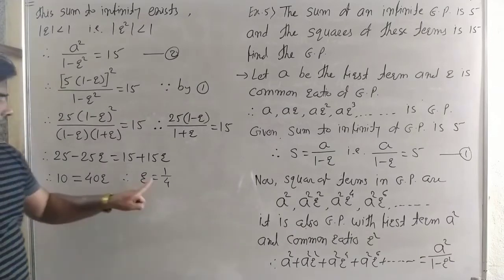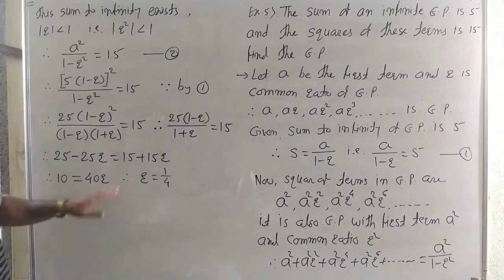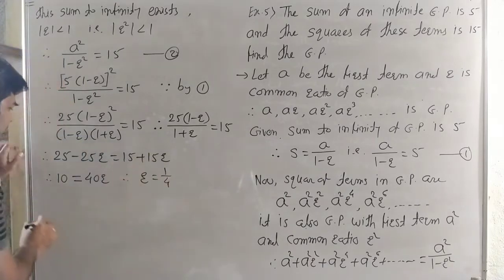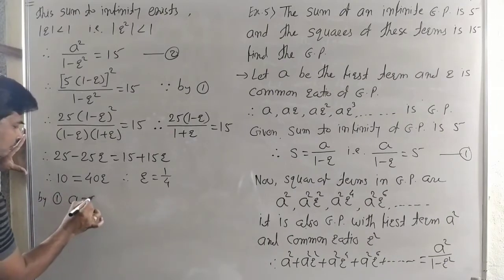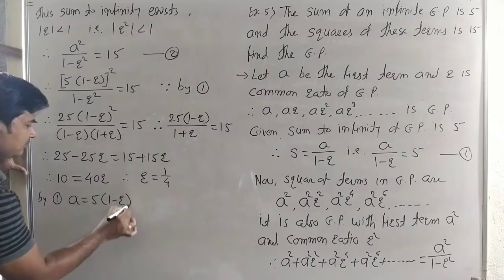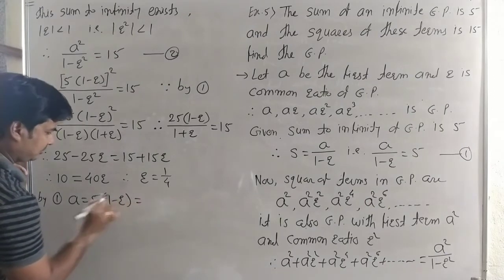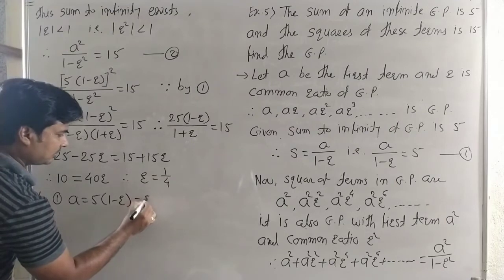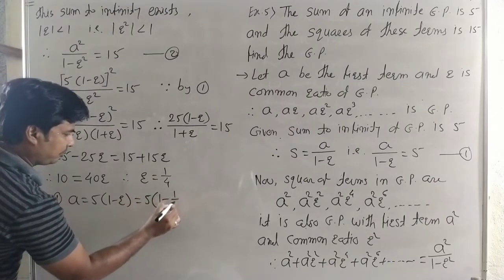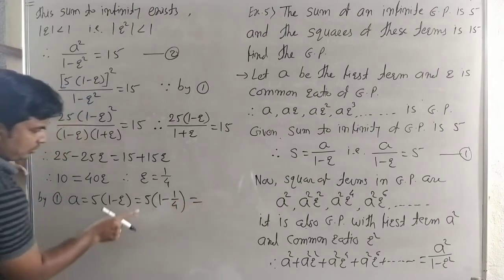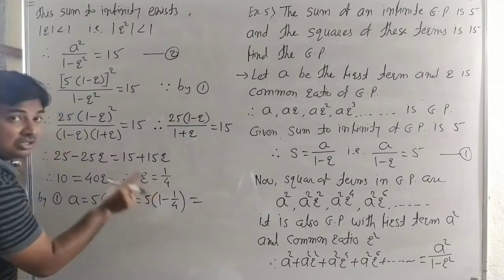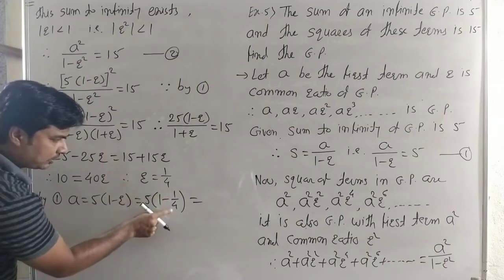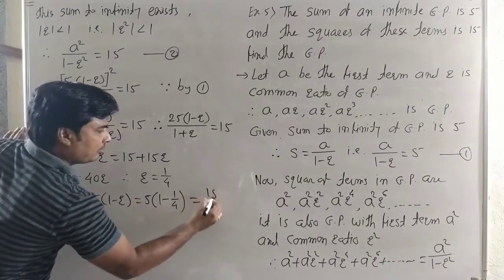It is the value of r. See carefully, it is the value of r. Now we find the value of a, therefore a is equal to 5 into 1 minus r, therefore here 5 into 1 minus 1 by 4, and then is equal to, see carefully, 5 into 1 by 4, it is 4 minus 1, that means 3 by 4, it is 3 by 4 into 5, it is 15 by 4.